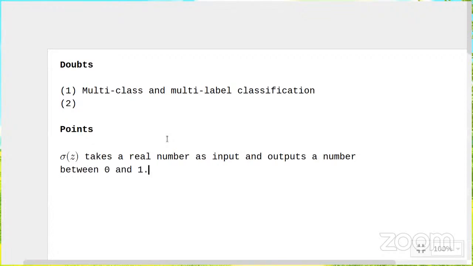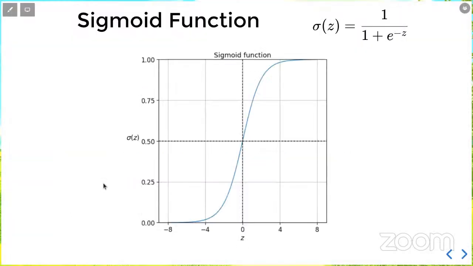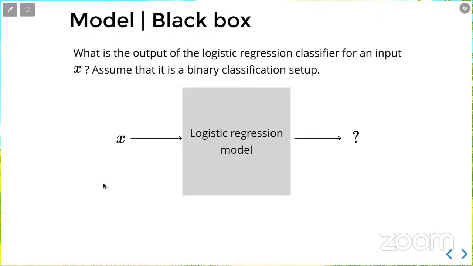Okay, so can someone tell me why this is useful? Why should it be between 0 and 1? Looks like a probability. Right, because we want a probability. It looks like a probability, that is right, and we are moving towards that.